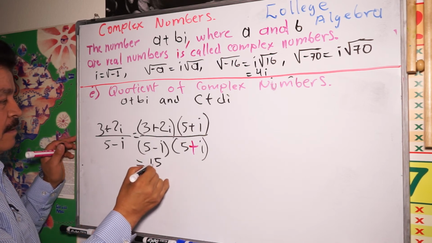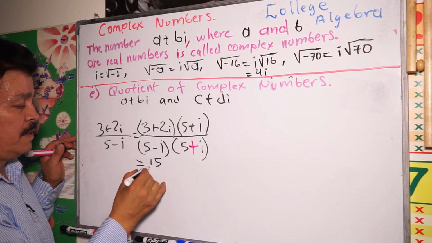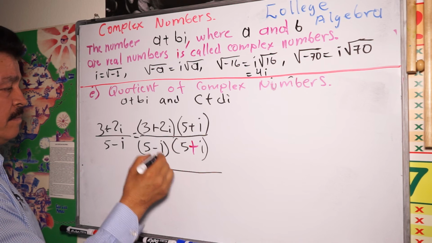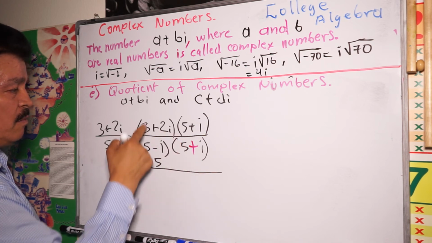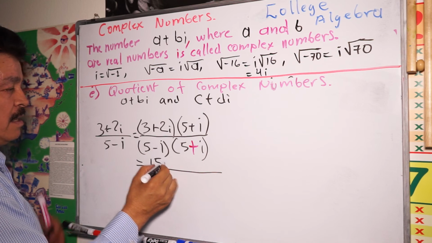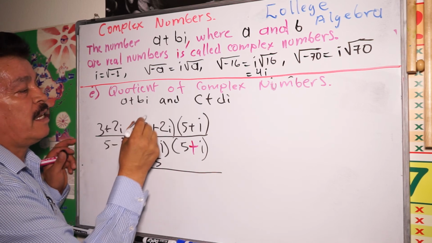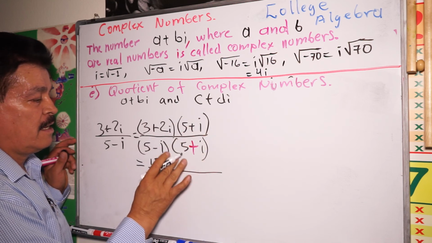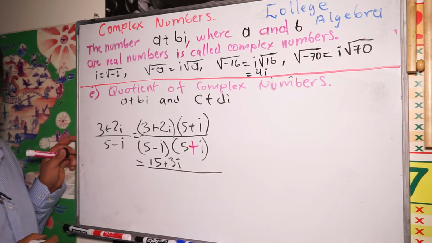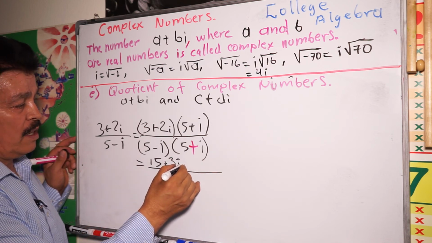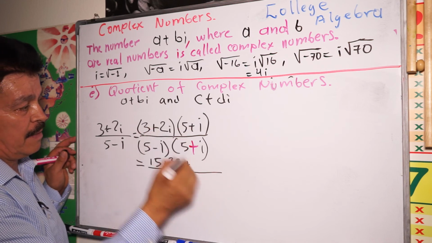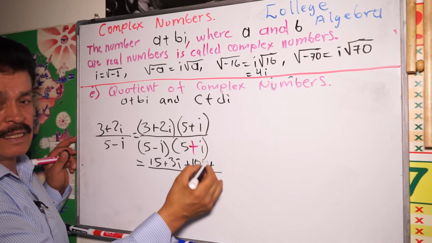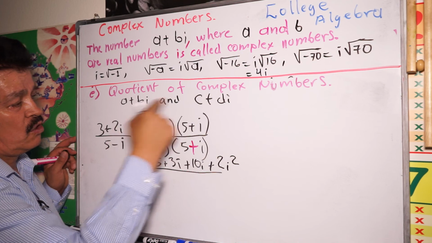Then this equals 15 plus 3i. Yes, you have to multiply this 3 by 5 and 3 by the second one, so it's going to be plus 3i. The last time maybe I confused you. Plus now multiply 2i by 5, which is 10i, and then 2i times i is 2i squared.